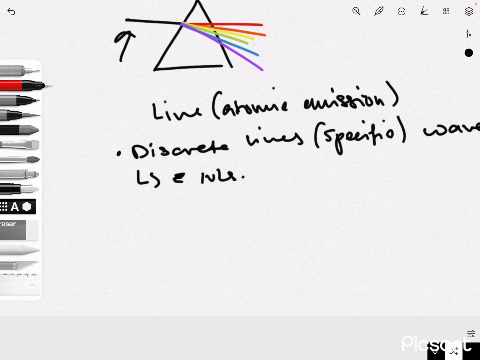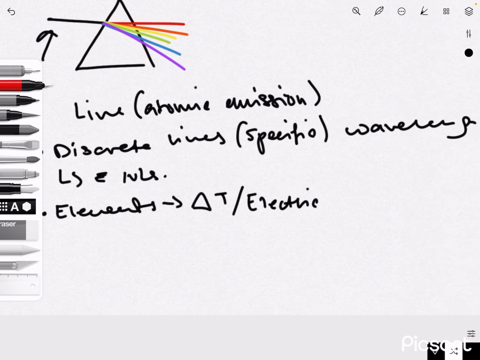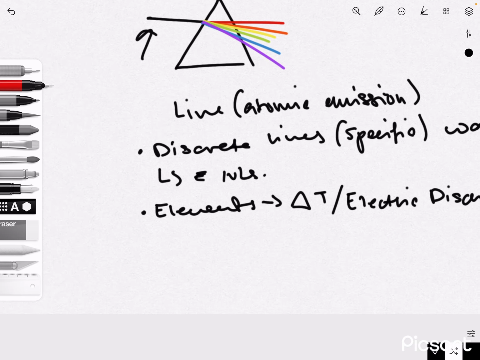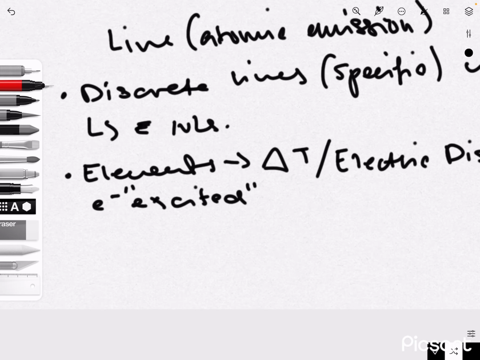of an element, because as an element is exposed to heat or to electric discharge, the electrons in the element are excited, which is the term that we have to use, and they are excited to higher energy levels.